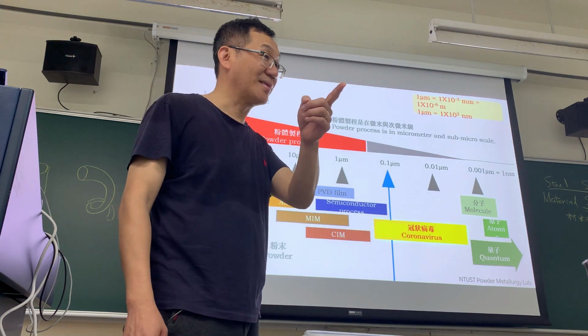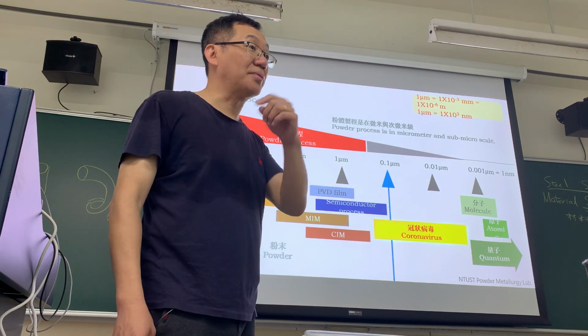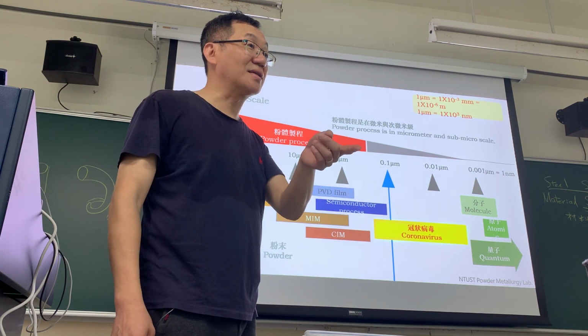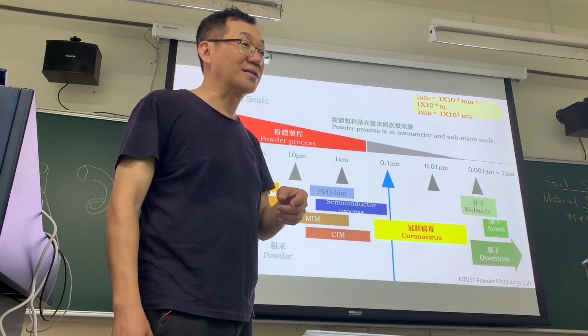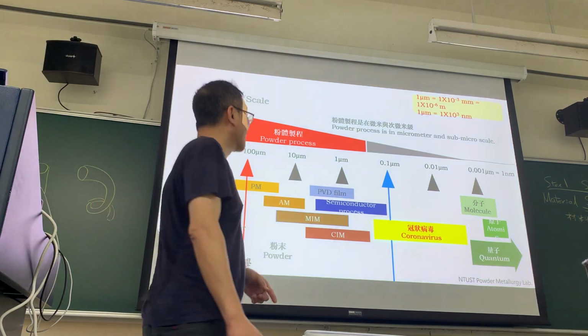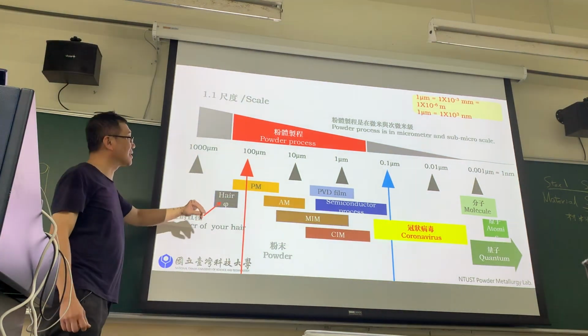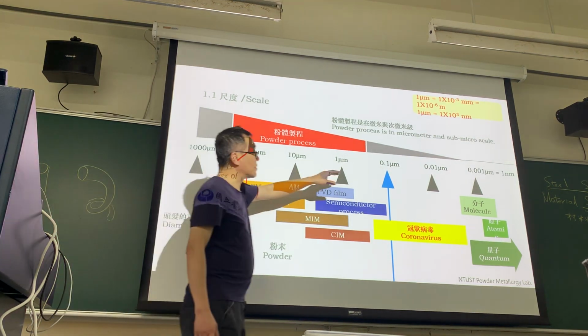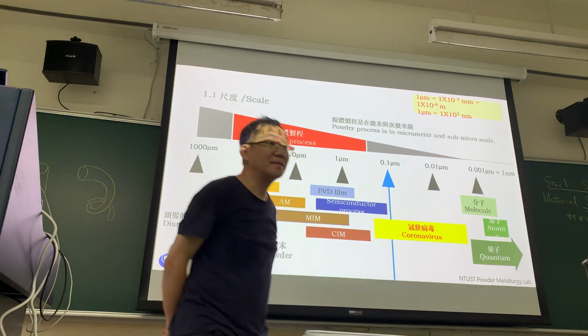Okay? So any question, just ask me if you have a problem. And the team, just say, okay, you can go to talk with Dr. Kim. It's very important. Okay, so we know this one scale. This one we say is micron, and this one we say is submicron. Submicron is nanometer.